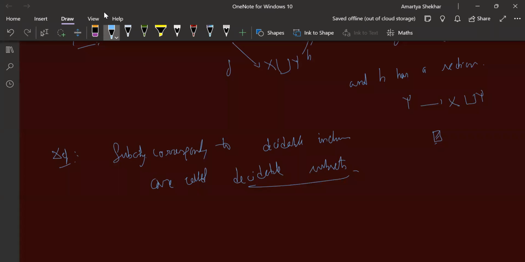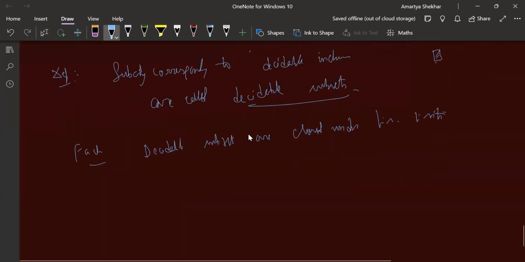A fact would be, and again I want to give a proof: desirable subsets are closed under finite limits. It's just a fact.